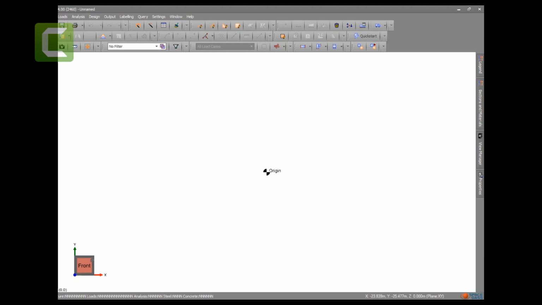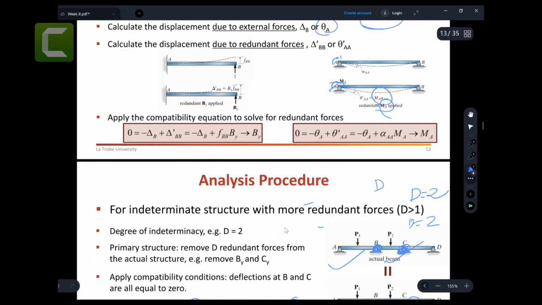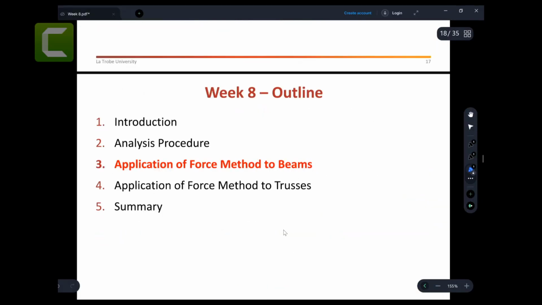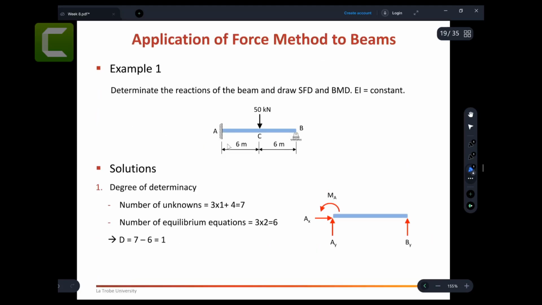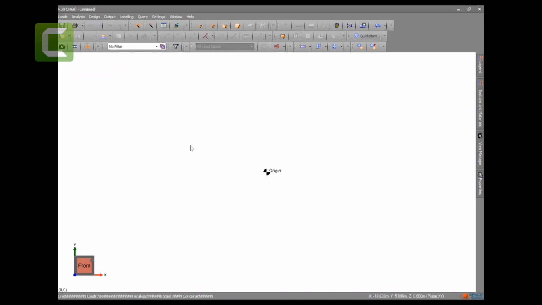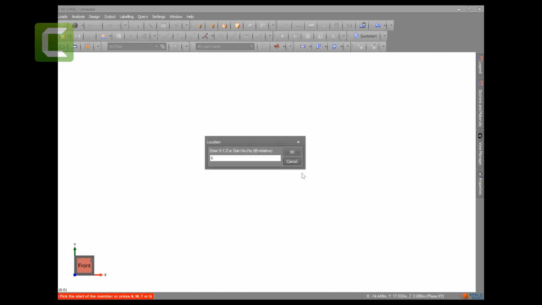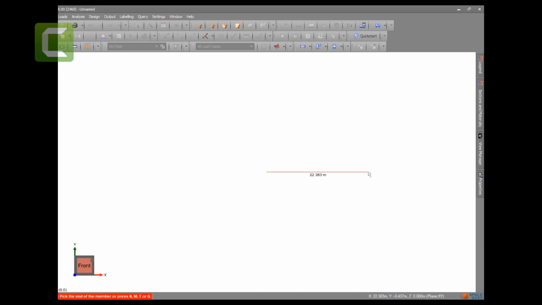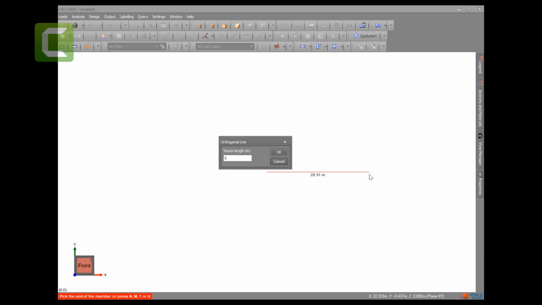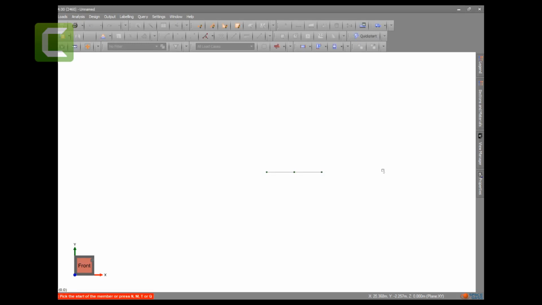Now for the SpaceGass, we are working on these examples. Here you go. So we have a fixed support, roller support, 6 meters, 6 meters. So let's turn off this. Draw member, press 0 on your keyboard, and then press 6, and then press 6 again. Keep it horizontal.